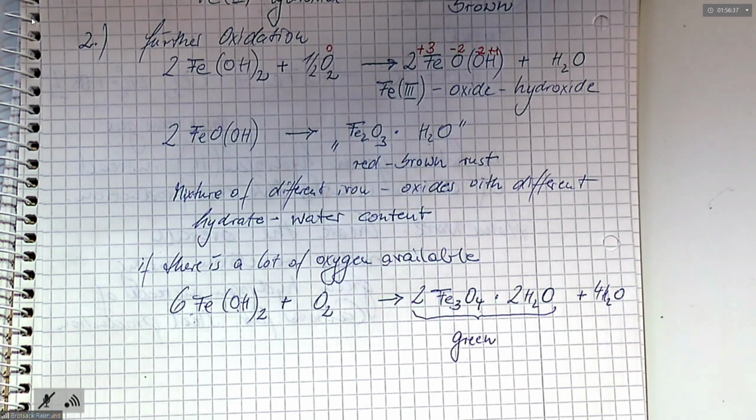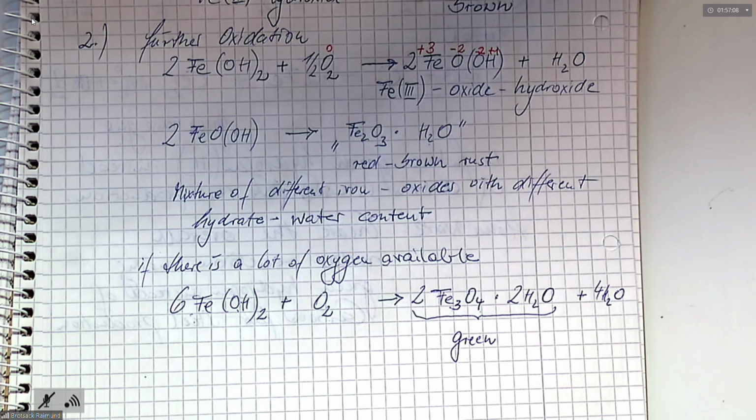And now please tell me what's the oxidation number of iron in this oxide, Fe3O4. The oxidation number of the iron is plus 2.